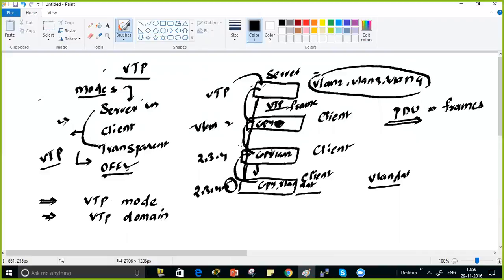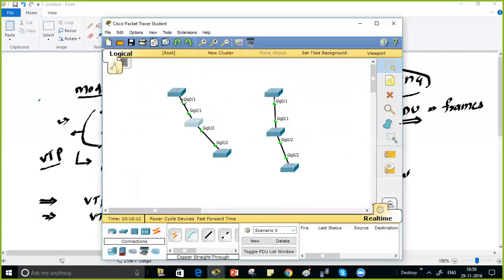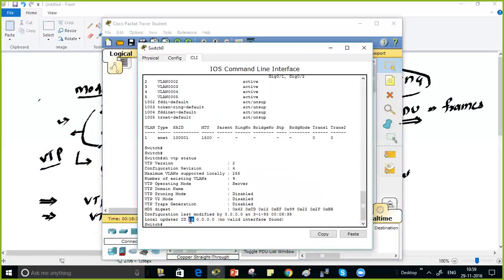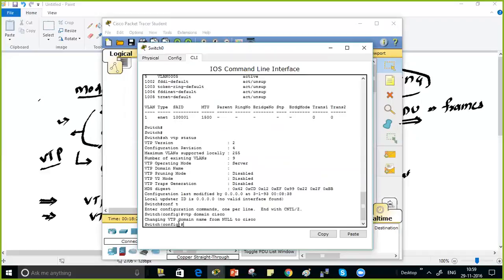Now I am configuring the domain name here in the server switch. I'm giving the domain name as Cisco, and remember it is changing the VTP domain name from null to Cisco.